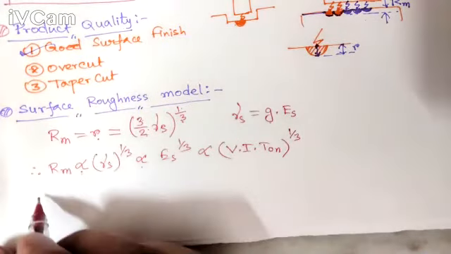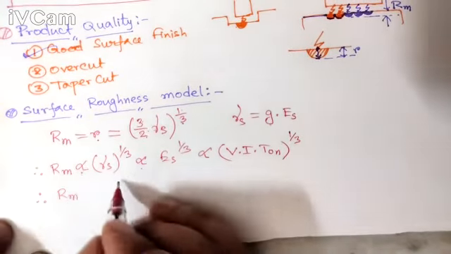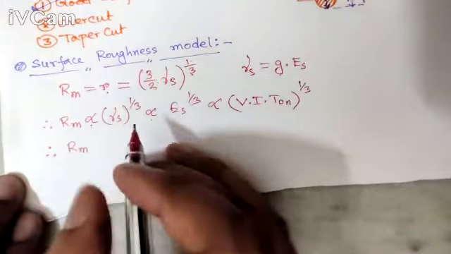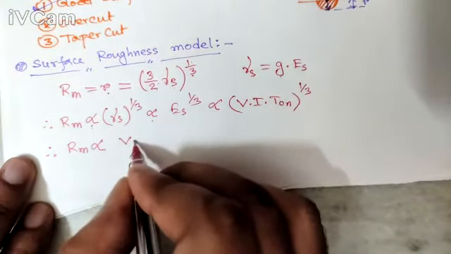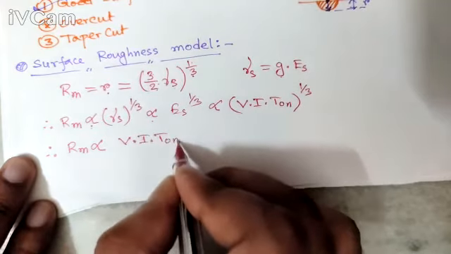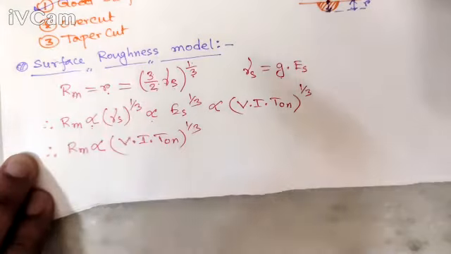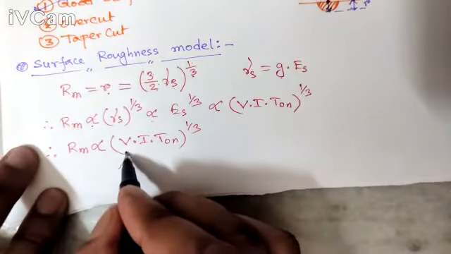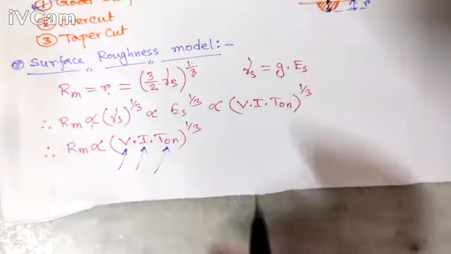Now we found out that Rm, the mean roughness, is proportional to (V I T on) to the power 1/3. Here, what terms do we have? We have voltage, we have current, we have T on.